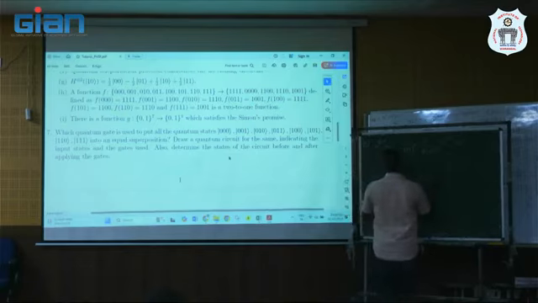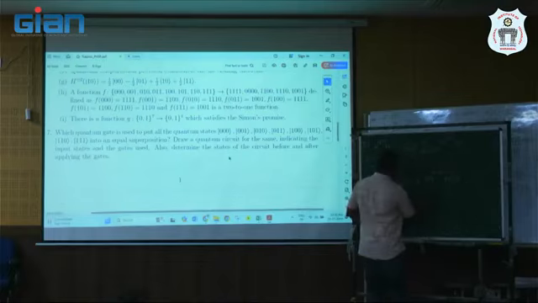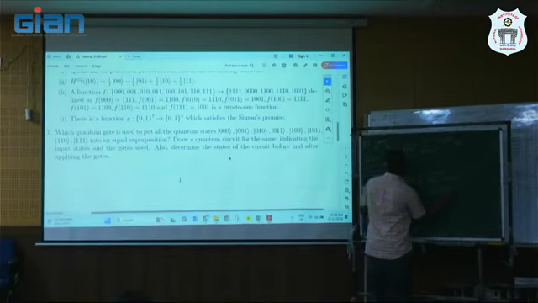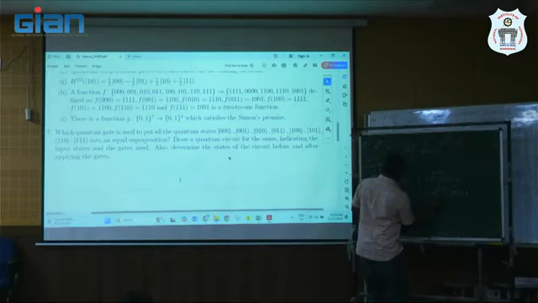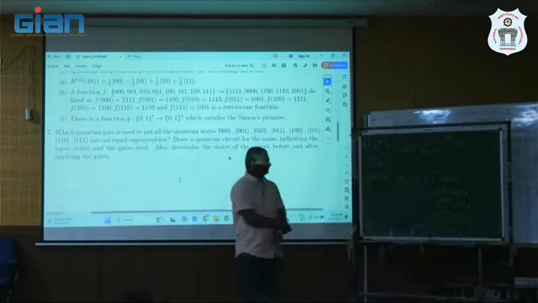Minus 1 whole power x is 1 0 dot product with 0 0, ket 0 0, plus minus 1 whole power 1 0 dot 0 1, ket 0 1, plus minus 1 whole power 1 0 dot 1 0, ket 1 0, plus minus 1 whole power 1 1 dot 1 0, ket 1 1. Correct, no? Is that okay?